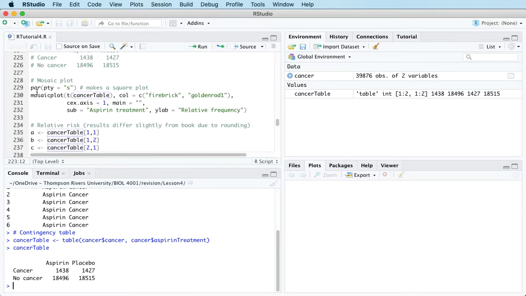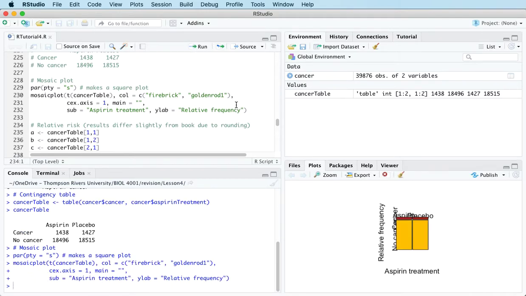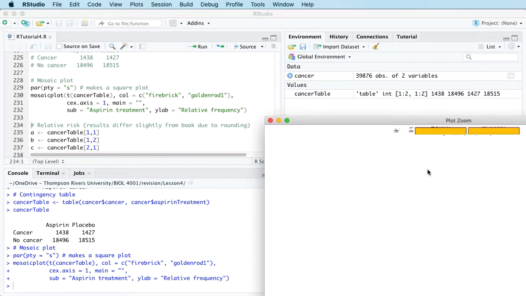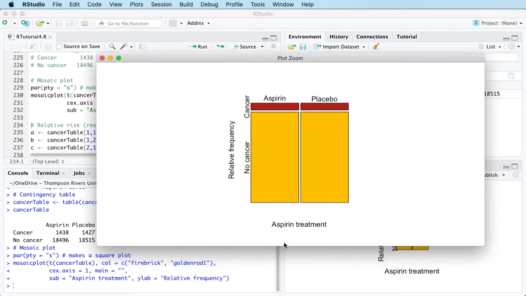It's always good to start off any statistical analysis by looking at a graph of the data, and in this case there's a graph called a Mosaic Plot that's particularly useful. This graph puts the two different treatment levels along the horizontal axis.